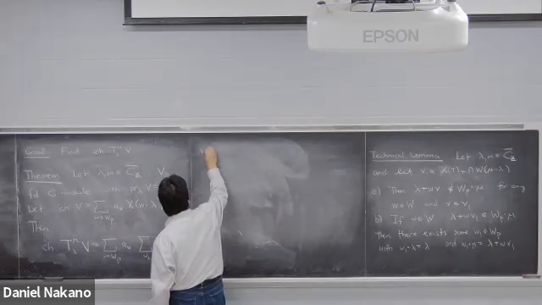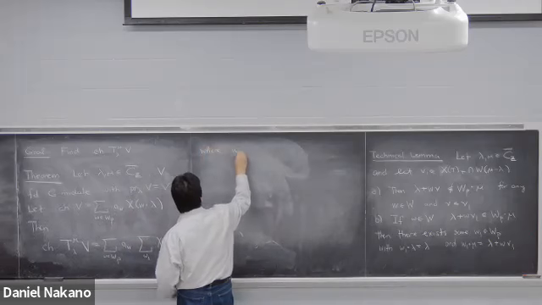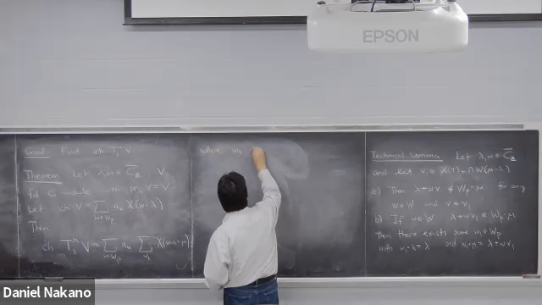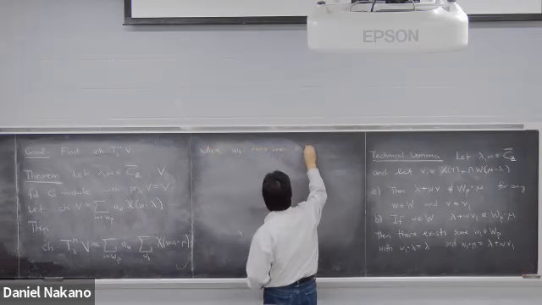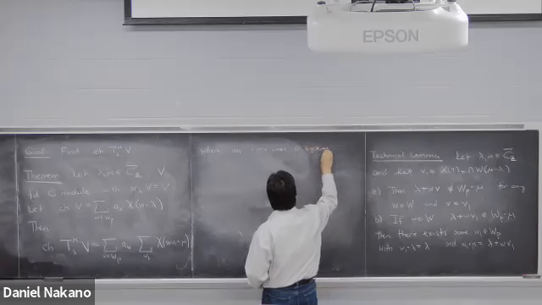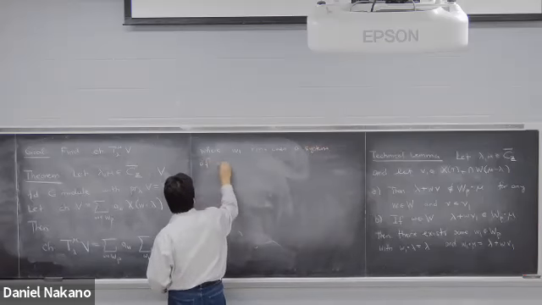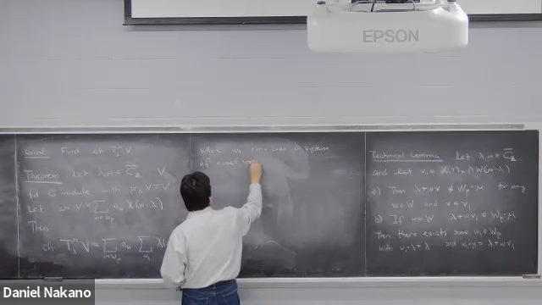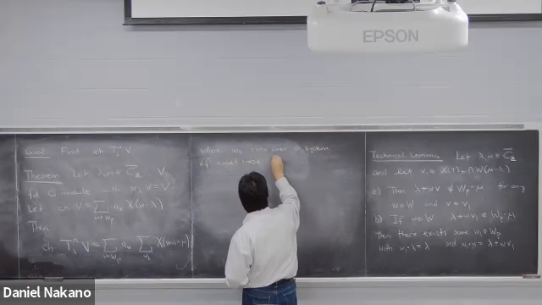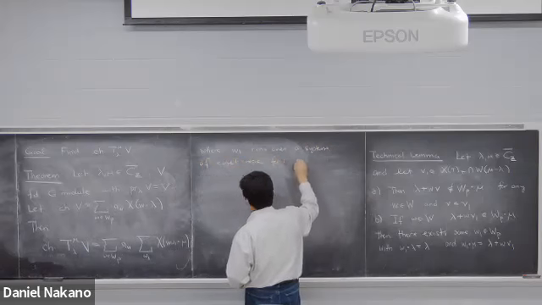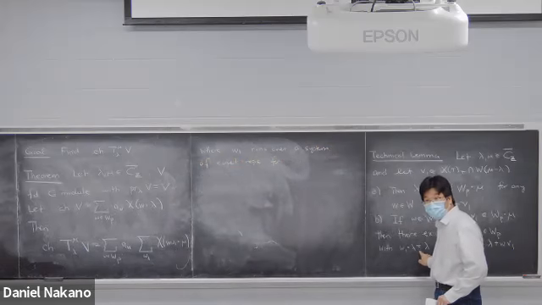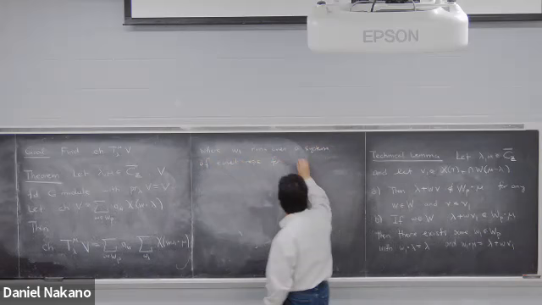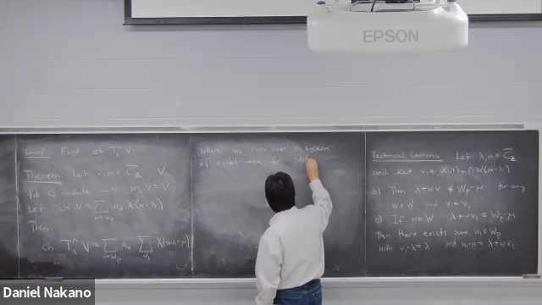So W1 runs over a system of coset representatives for the following group. W1 is going to come from the stabilizer of lambda; so you want to take the stabilizer in WP of lambda.